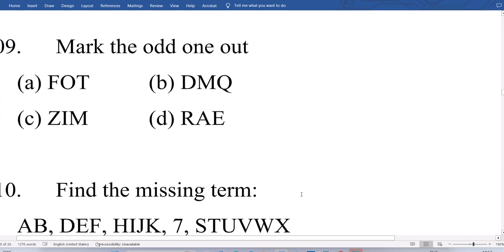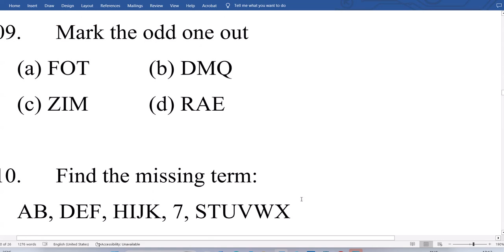Now odd one out here. FOT, DMQ, ZIM, RAE. Odd one out among that. One is different compared to all others. We have to find the different one. You focus on the last two letters at least.